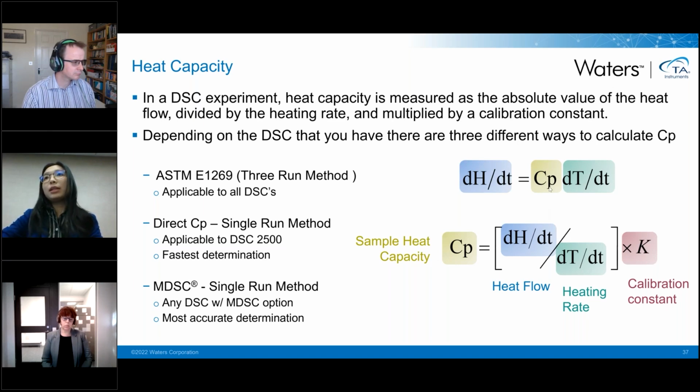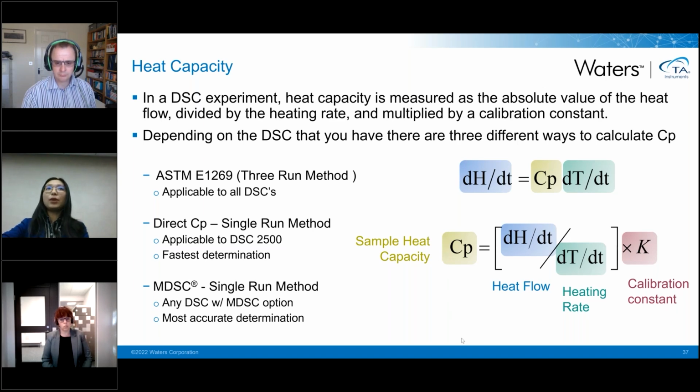You can simply calculate heat capacity as the heat flow measurement divided by the heating rate, multiplied by a calibration constant that is typically used. A material with a known heat capacity is used to calibrate that constant. And then you can measure, plug it back together, and get the heat capacity of your material.